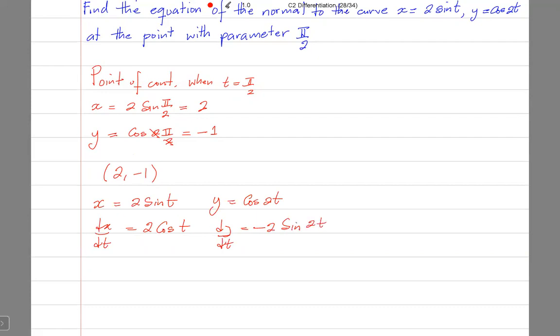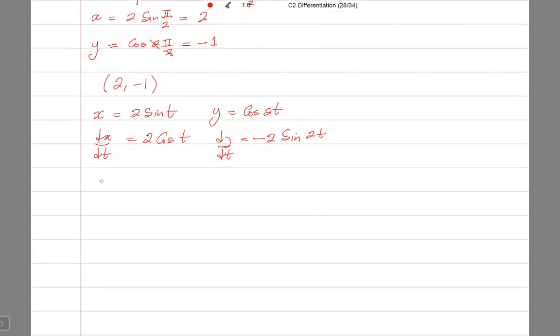2t. Now dy by dx would be equal to dy by dt multiplied by dt by dx. And so this is equal to minus 2 sine 2t divided by 2 cos t.